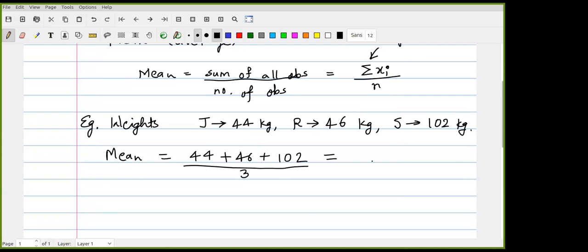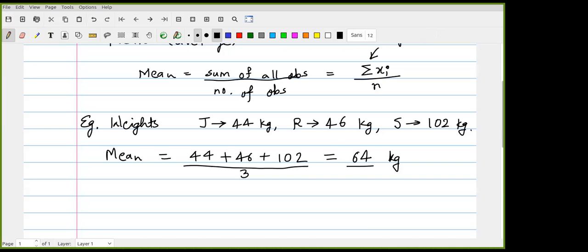Now tell me what is the answer for this. Both of you do the calculation and let me know the answer. Hello, what is the answer? 64. Okay. Now see, the answer we have got of average is 64.